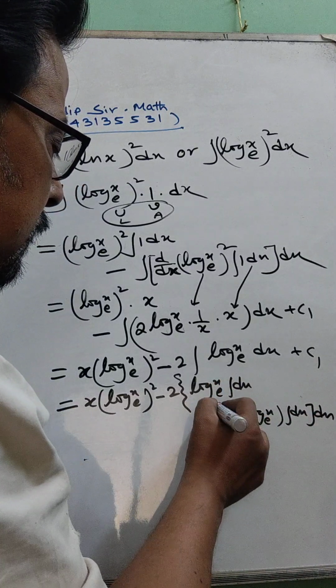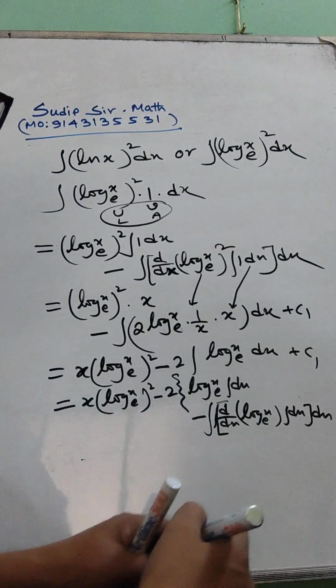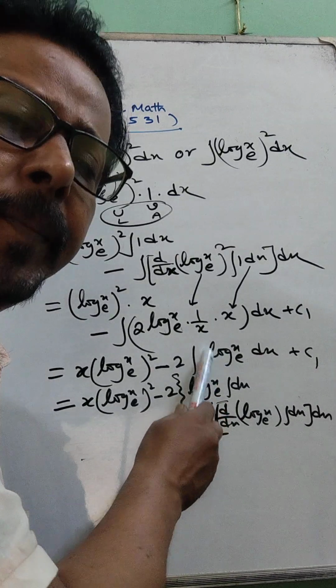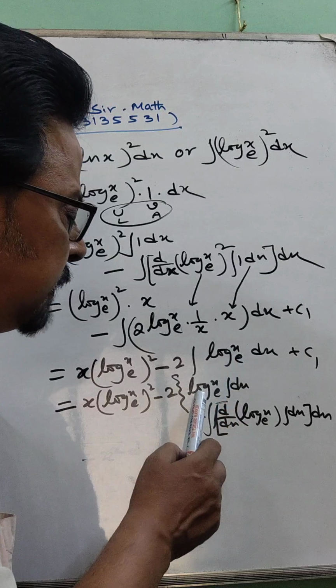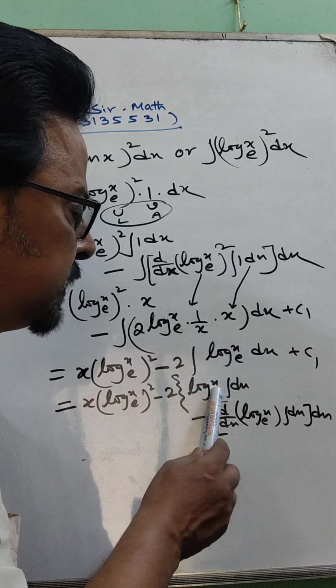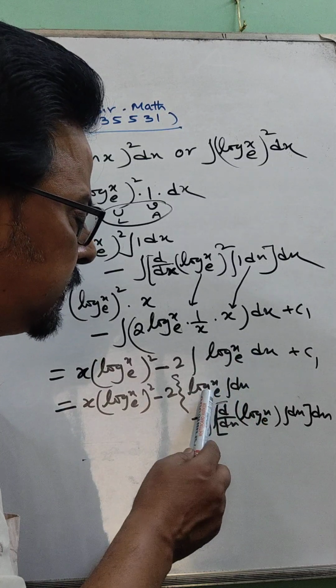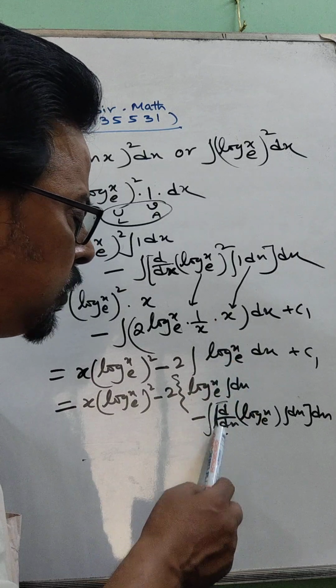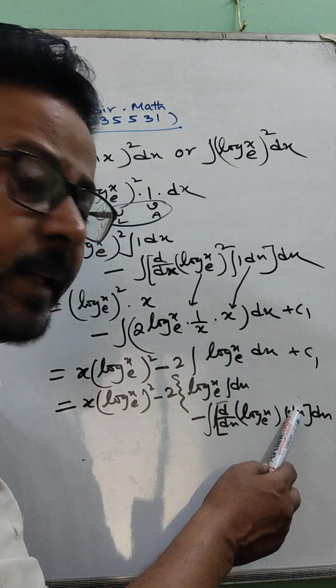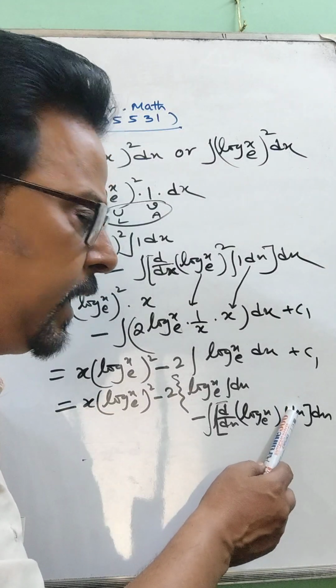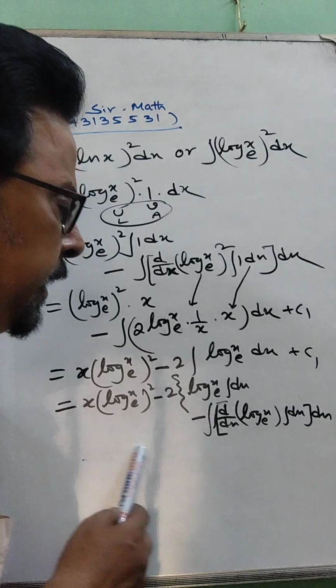So this is another by parts. Log x means log x base c, integration dx: u, v, into d/dx of this u and integration v dx, that is 1 dx. Only dx means 1 dx, and this is whole dx.